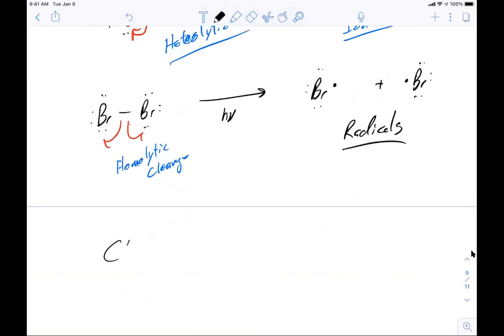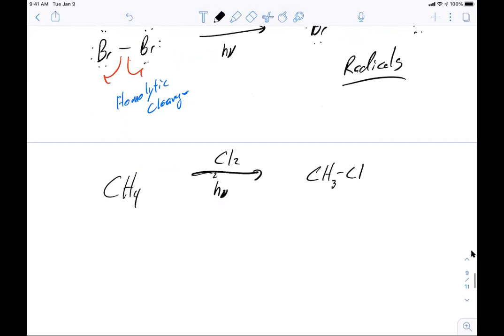So if we took something like methane and we hit it with chlorine, this is actually an industrial process. So we take chlorine, hit that with some UV light, and we can end up with the chlorinated product, right? And let's look at the mechanism for that.